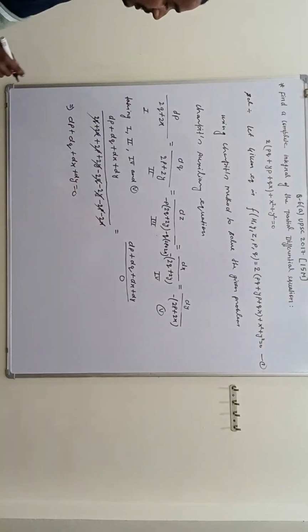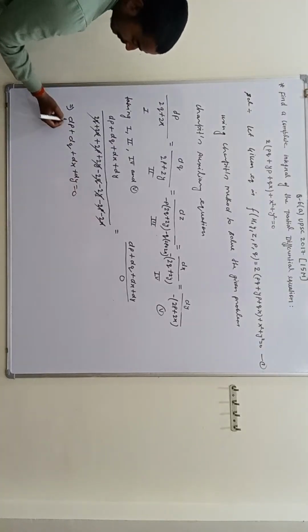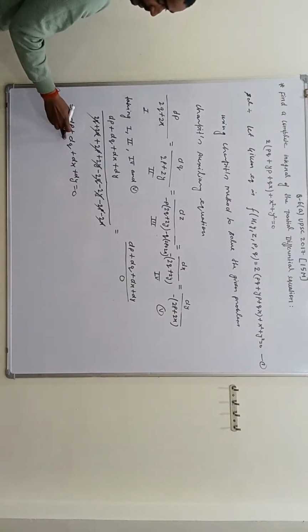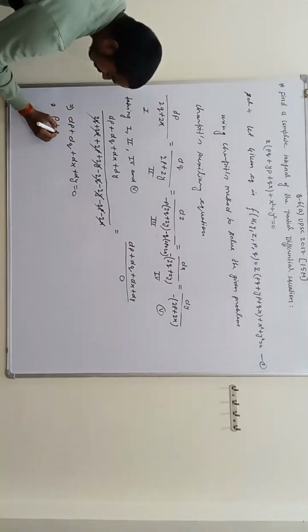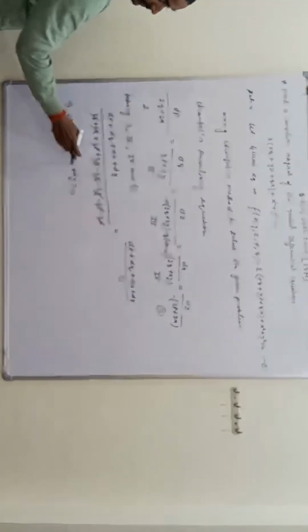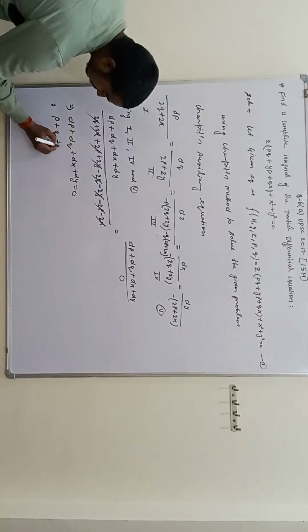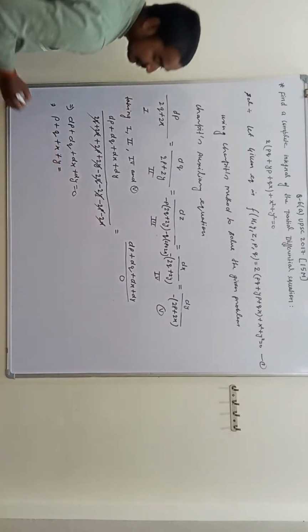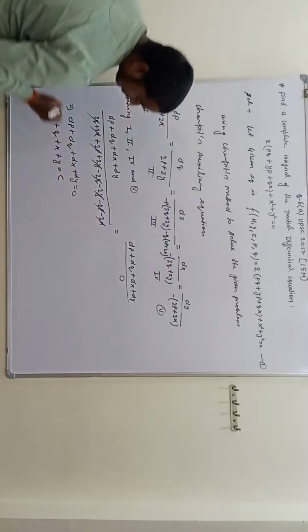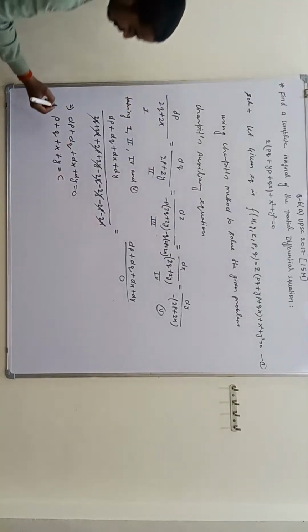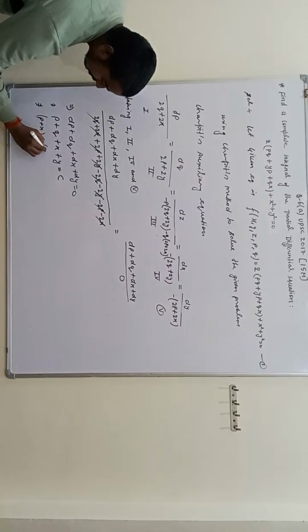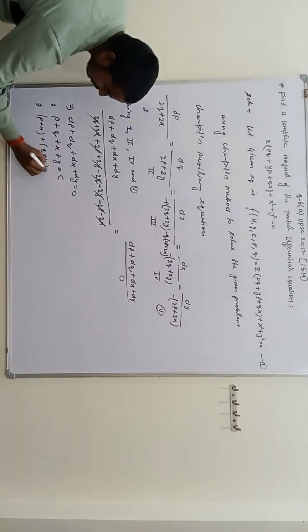On integrating both sides, integrating dp with respect to p gives p, integrating dq with respect to q gives q, integration of dx is x, and integration of dy is y, plus a constant c. We can also arrange it as p plus x plus q plus y is equal to c.